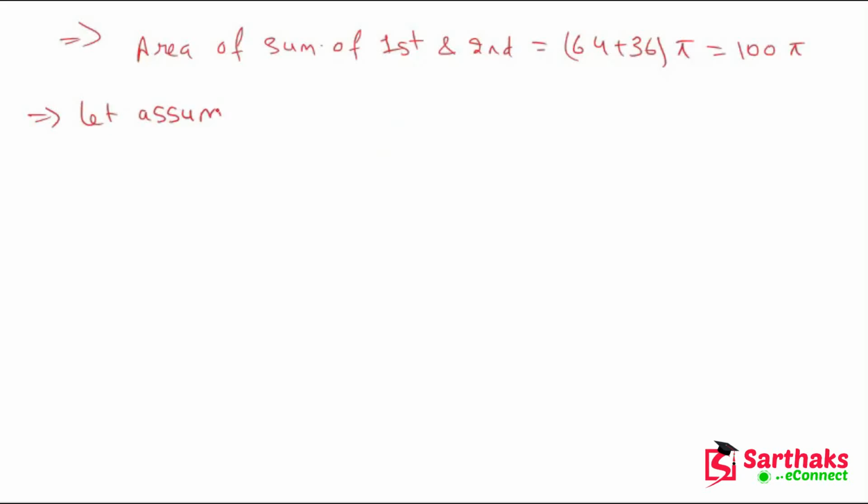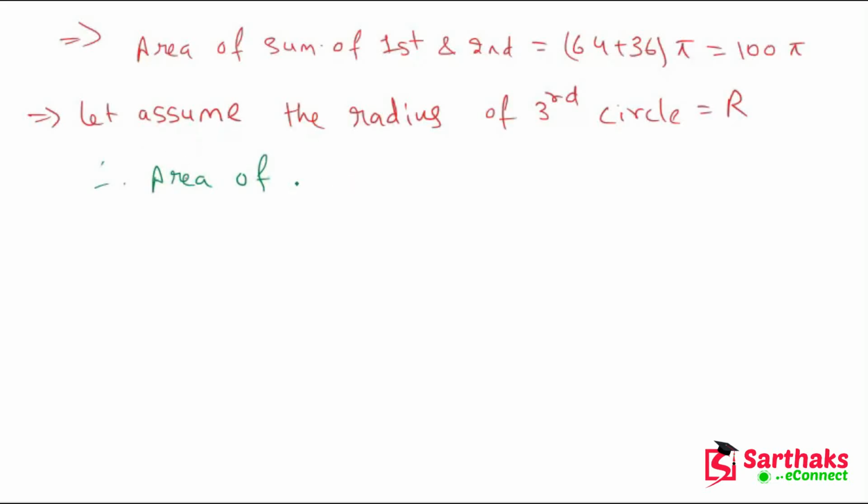that the radius of the third circle is equal to r. So the area of the third circle is equal to pi r square.